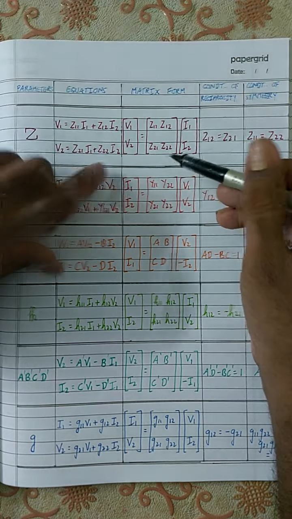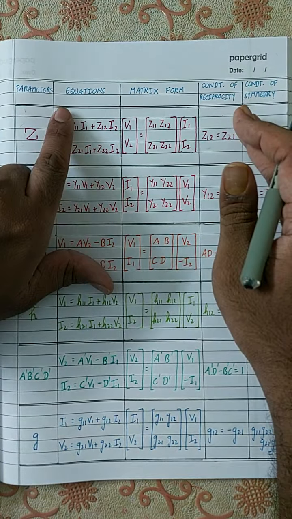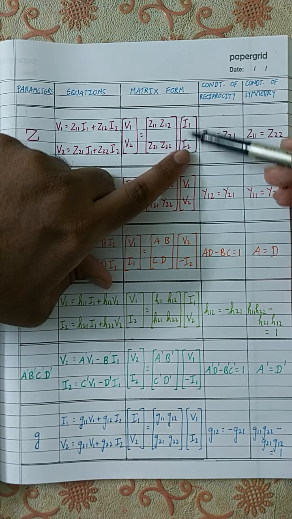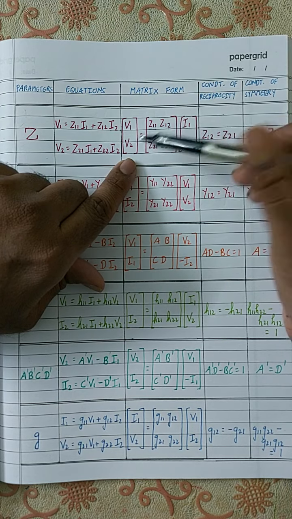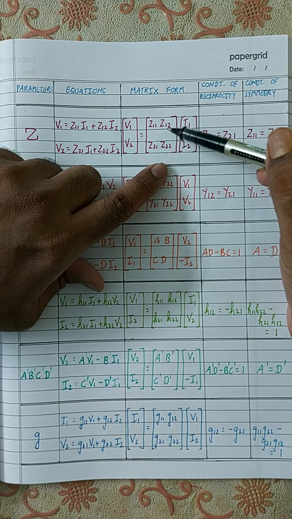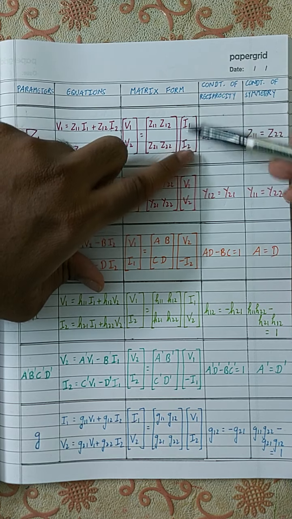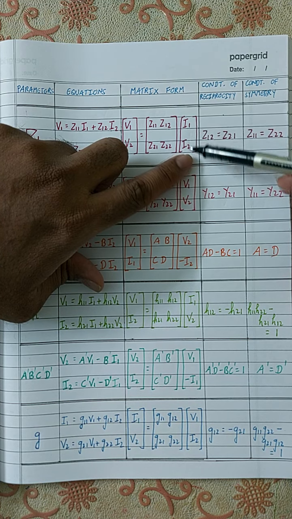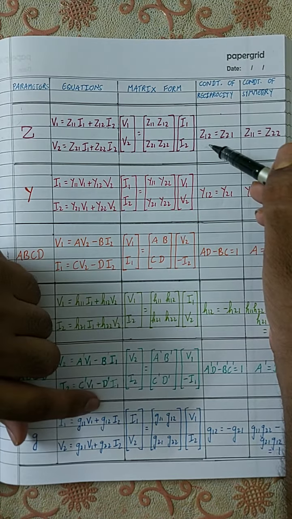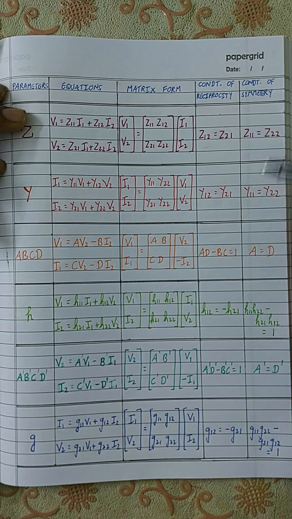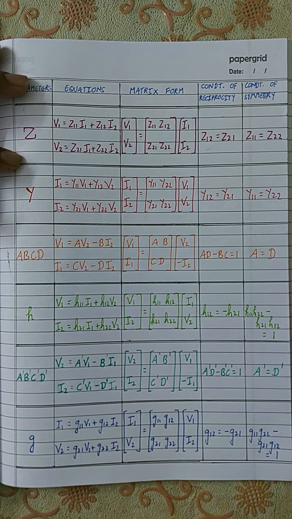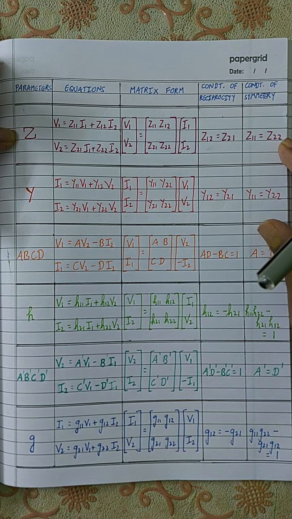In matrix form, matrix V1 V2 is equal to matrix Z11 Z12 Z21 Z22 into matrix I1 I2. The condition for reciprocity is Z12 = Z21, and the condition for symmetry is Z11 = Z22. So this is the summary of the Z parameter.